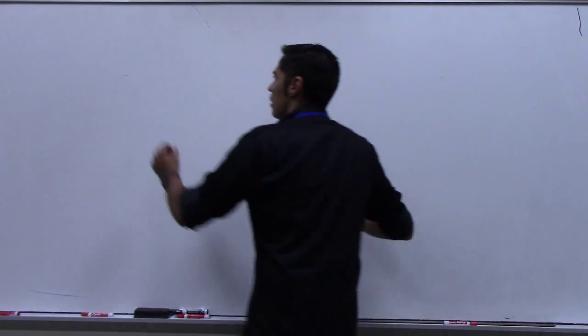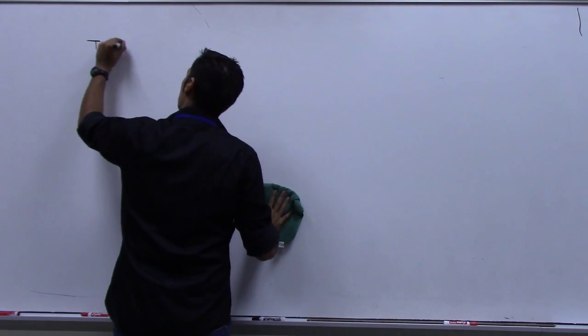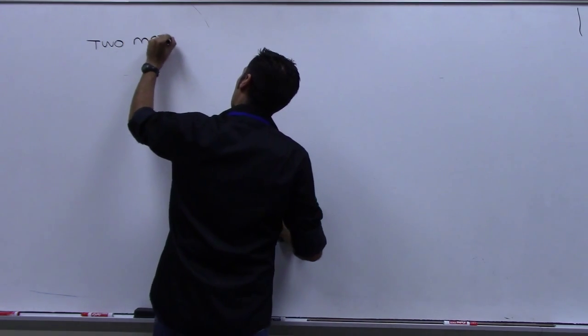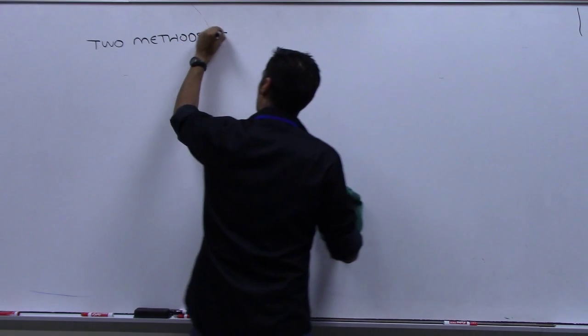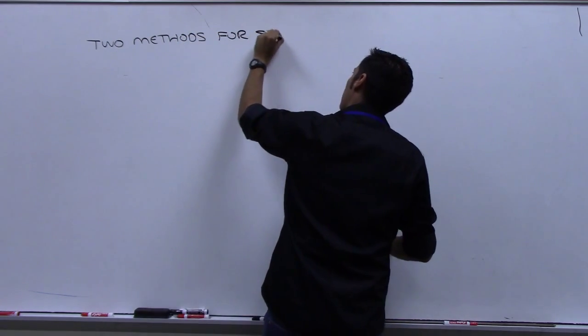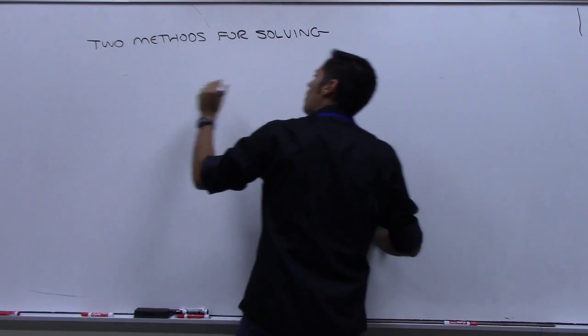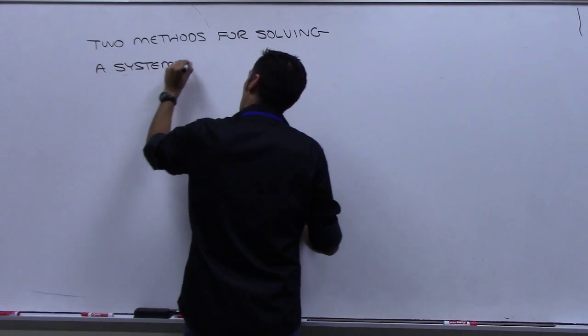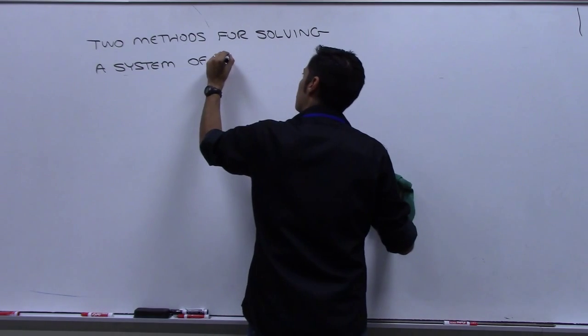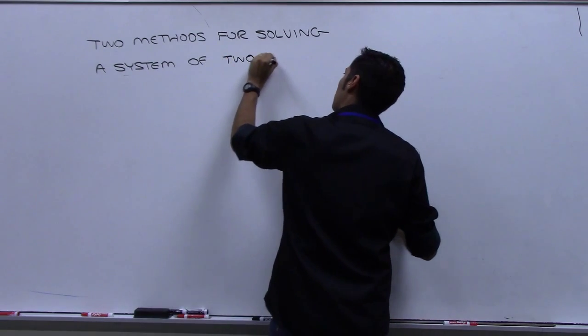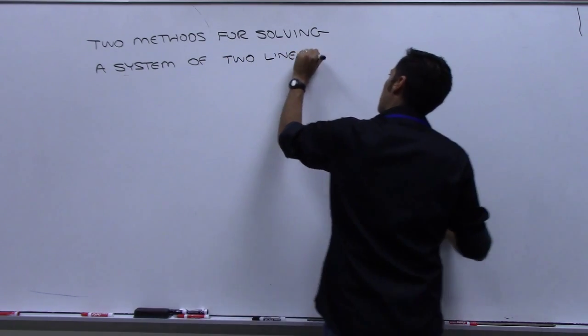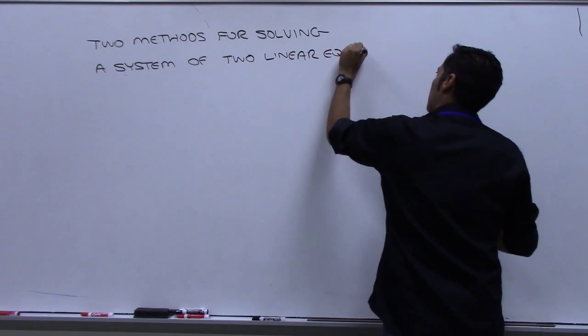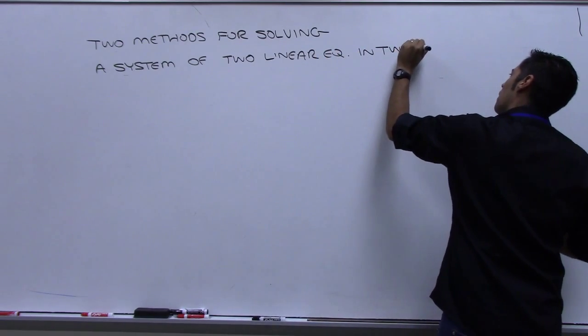So there are two methods for solving a system of two linear equations in two variables.